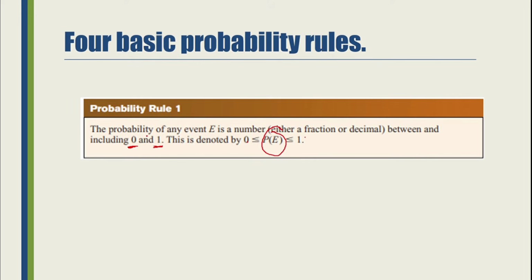Again, it is between 0 and 1. There's no negative probability and no probability higher than 1 or lower than 0. It is always between and including 0 and 1. It should be a closed interval between 0 and 1.